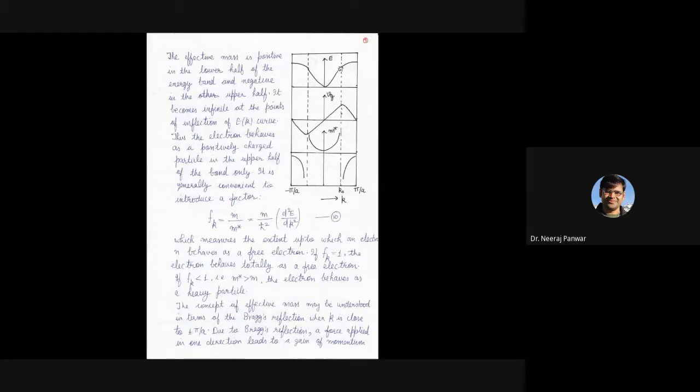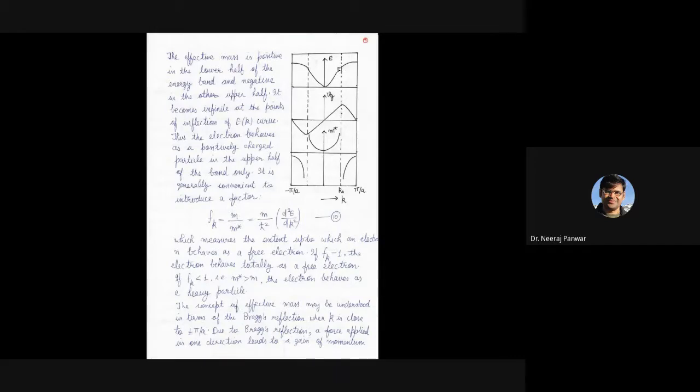Do you know the point of inflection from mathematics? Yes, sir. Here the second derivative becomes 0. Yes, second derivative becomes 0. At this point the curve is going up, and after this point it starts going down. So at this point, the second derivative is equal to 0.